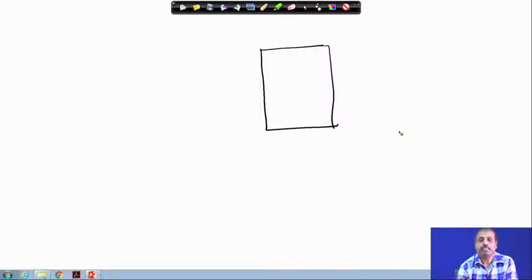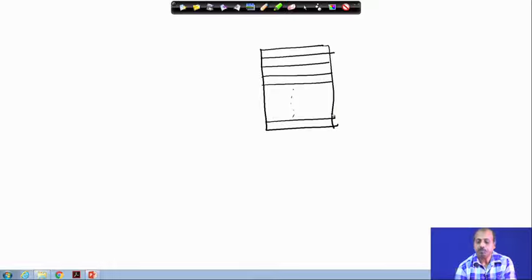I have said that this is in terms of zeros and ones. These are the individual locations, individual rows of zeros and ones. So how many rows are there and how many columns? That is my question.